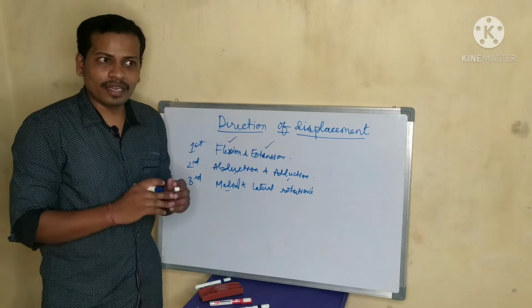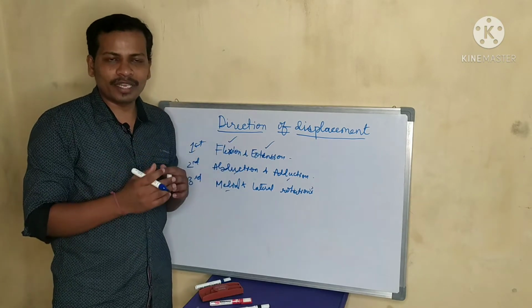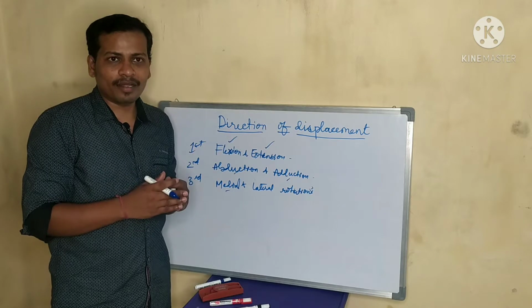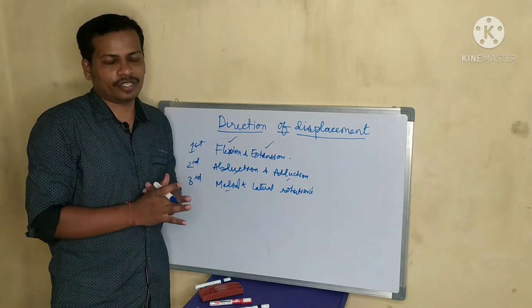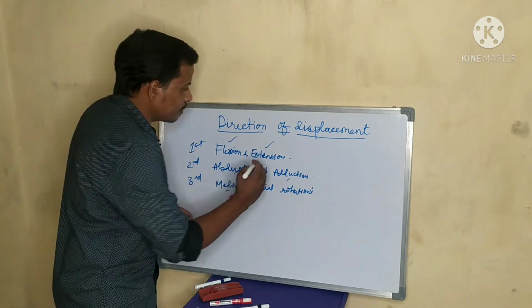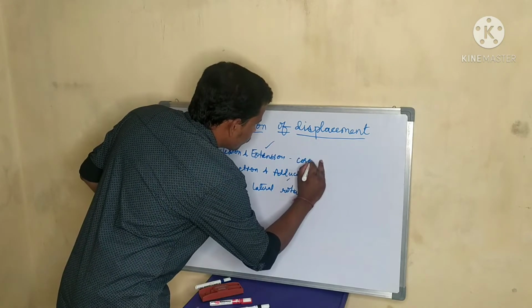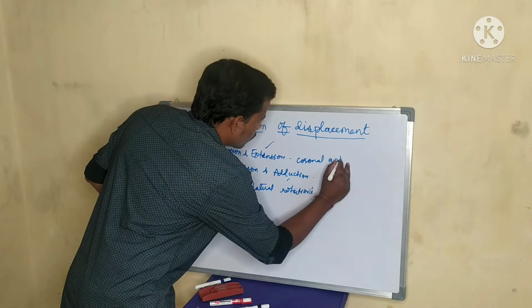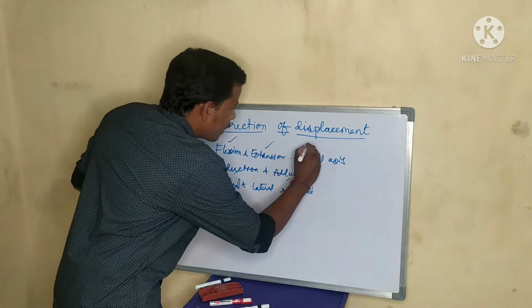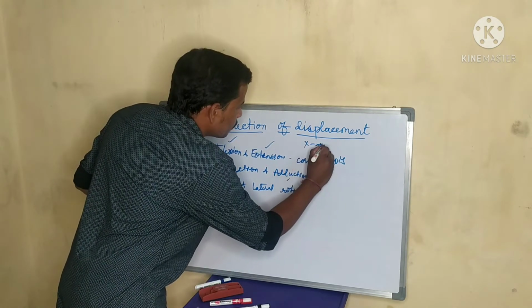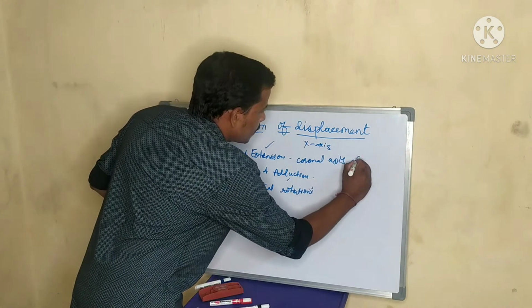The movements are uniaxial and uniplanar, but they occur in opposite directions. The coronal axis is also known as the x-axis, and the plane is the sagittal plane.